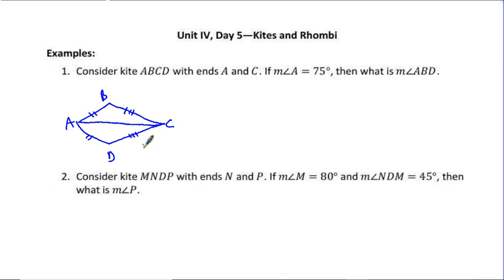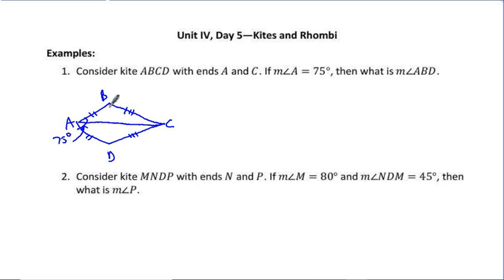Okay, I'll continue reading. If angle A measures 75 degrees, so this entire angle is going to be 75 degrees, then what is the measure of angle ABD? ABD.